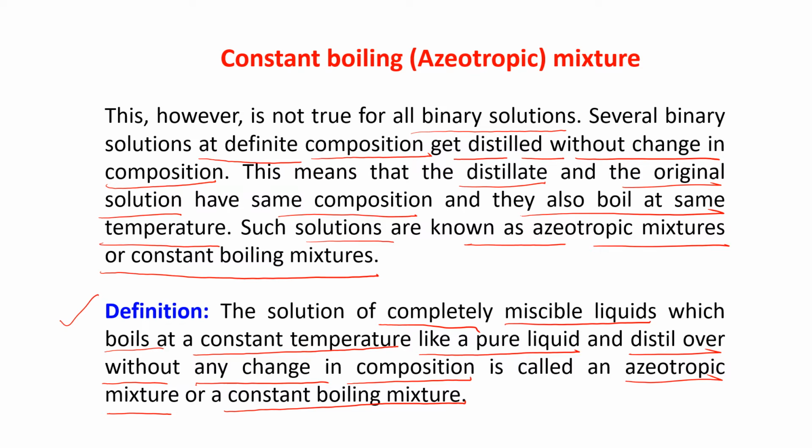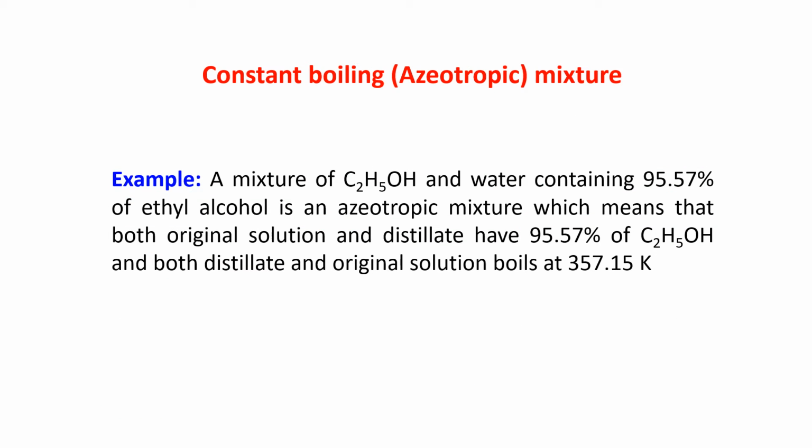At a particular composition, the distillate and the solution both have the same composition, so both of them will boil at a constant temperature. This is known as an azeotropic mixture, also known as a constant boiling mixture. A very typical example is a mixture of ethyl alcohol and water which contains 95.57% of ethyl alcohol.